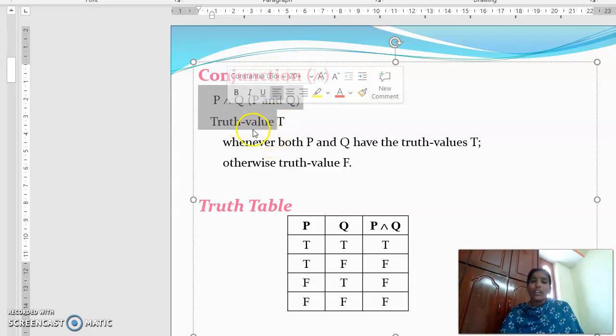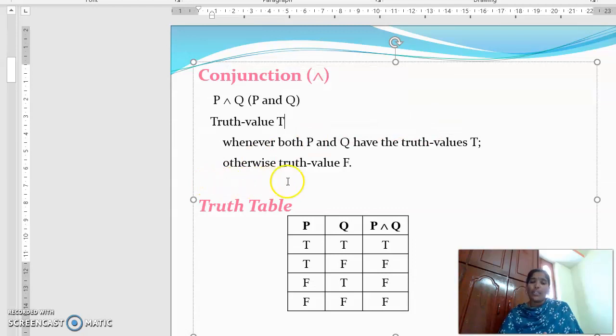You can divide it: first write down only P, and next write down only Q. It is possible to divide the given two statements. By using the conjunction, the "and" connective, you connect the two statements.